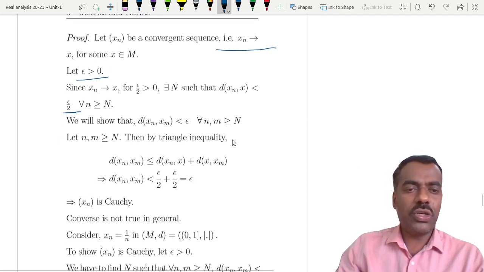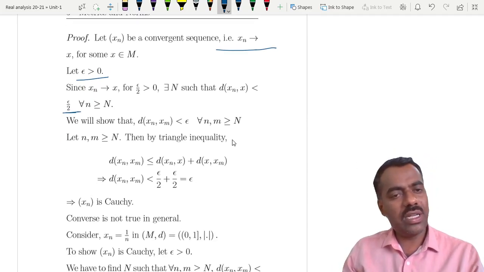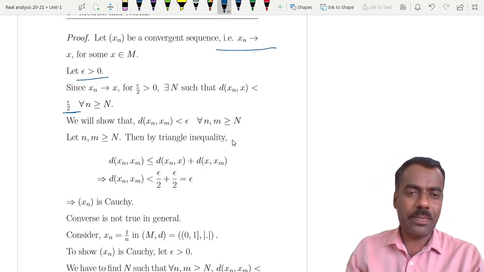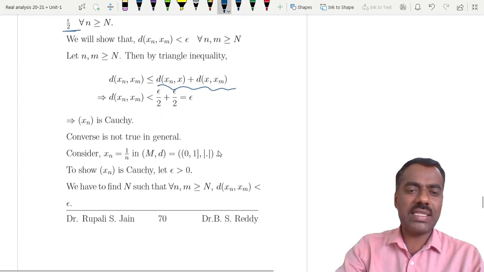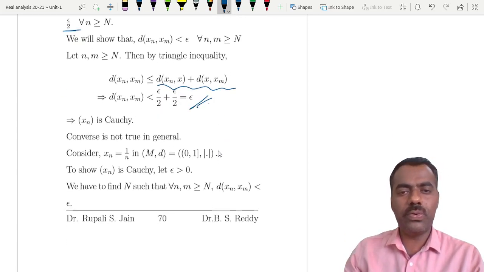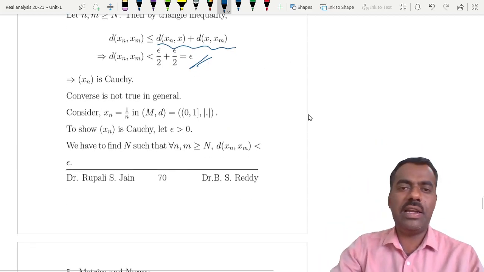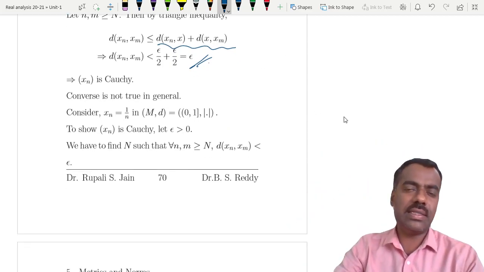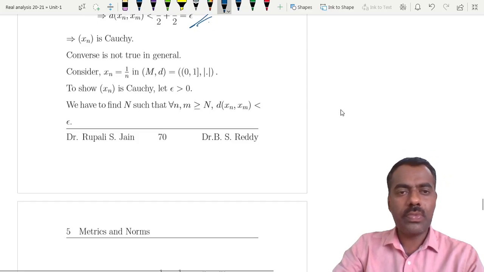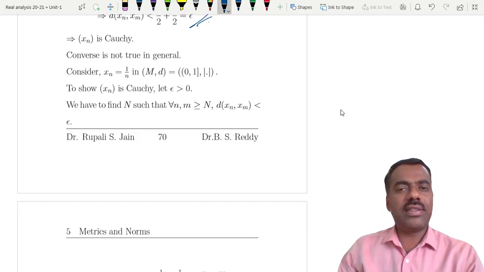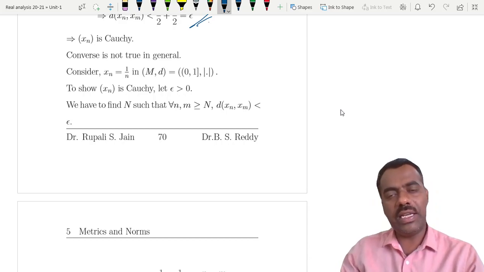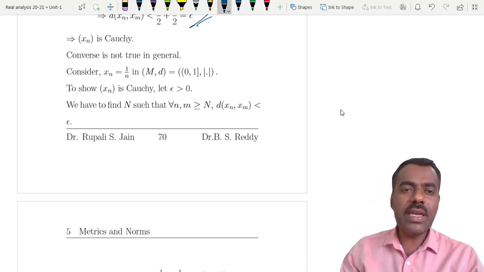And we want to show that after this stage any two elements are close, so for the distance of x_n and x_m, we use the triangle inequality with the help of this x and we get this. Okay, so the proof of convergent implies Cauchy is not at all difficult. It goes along similar lines as in R. But the converse in general is not true. That means you may have a Cauchy sequence in a metric space that need not be convergent.